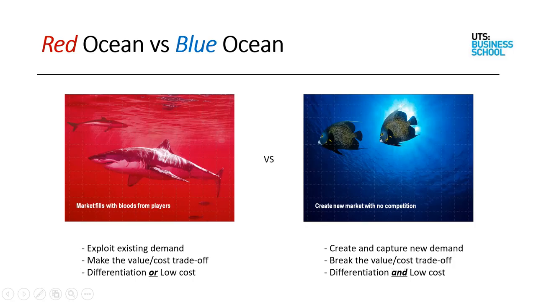So they differentiate, and at the same time, they offer products at a relatively low price as well. So how do you go about repositioning the products? Well, the brands might not do all of the three things, but it is essentially about understanding the unfulfilled needs of the consumers in that little niche or in the new market, or how you can create a new market with no competition.